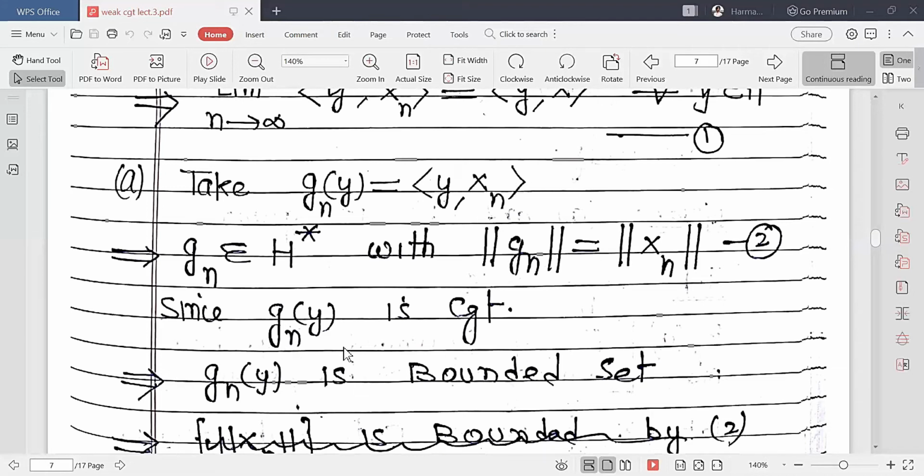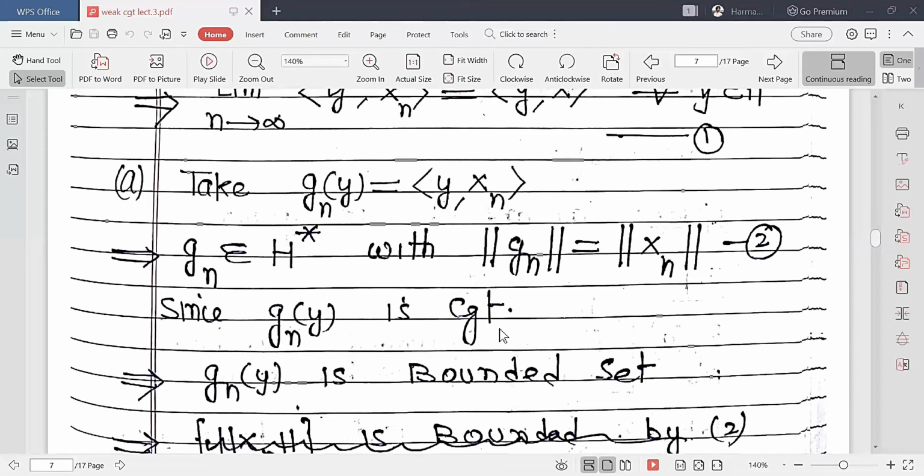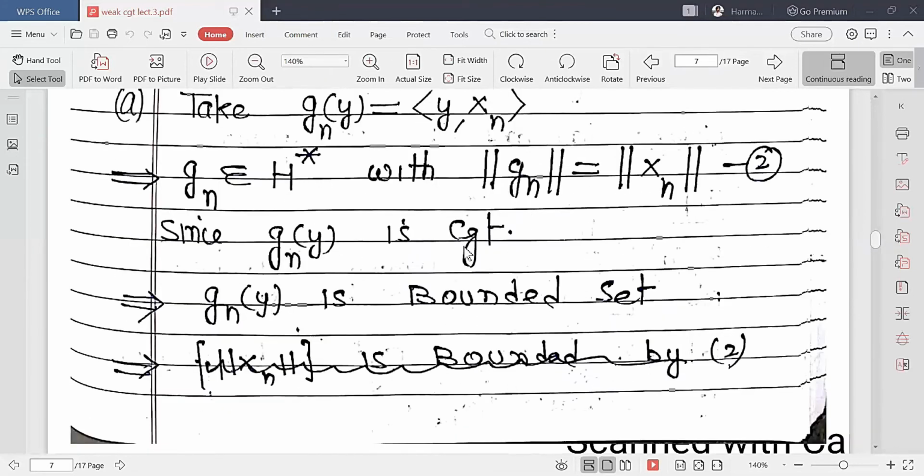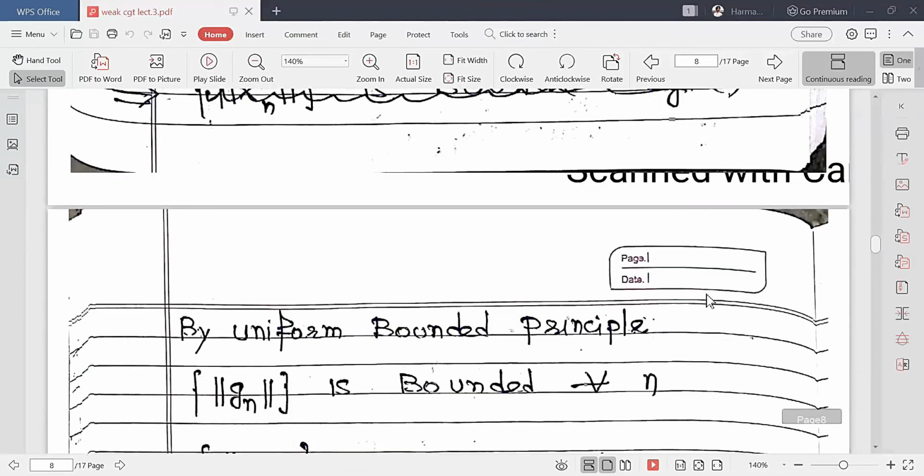Now since Gn(y) is convergent, by using equation number 1, this part is X, this part is Gn(y), so it converges to this number. Since every convergent sequence is bounded, Gn(y) is bounded.